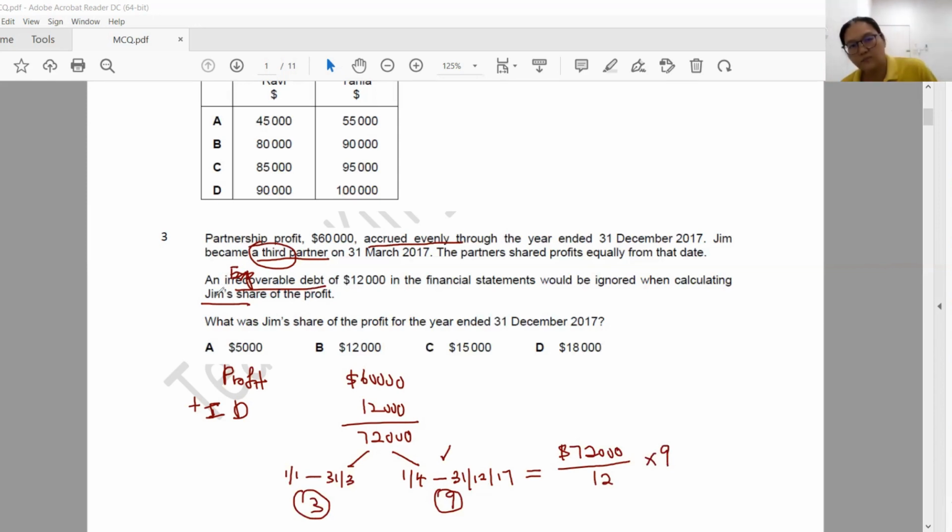How much will Jim be shared? They share equally, so Jim will get 1/3. Using the calculator to get your answer, it will be 18,000. This part is not entitled to Jim because Jim joined on 31st, which is the last day of March, so it falls under this period.